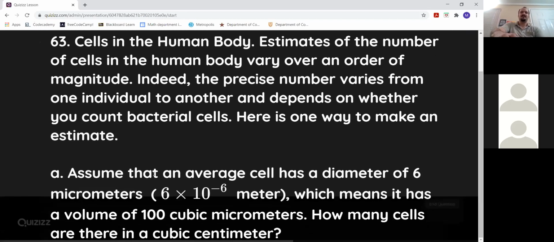Assume that the average cell has a diameter of 6 micrometers. So I'm going to give you a little hint. If 6 micrometers is 6 times 10 to the minus 6, then 1 micrometer is 1 times 10 to the minus 6.